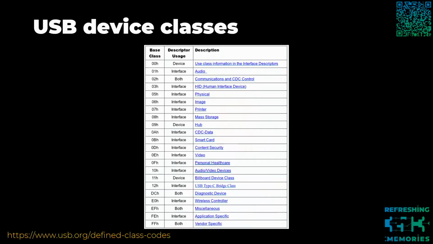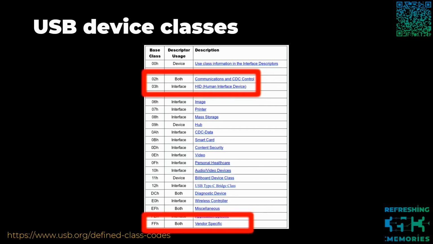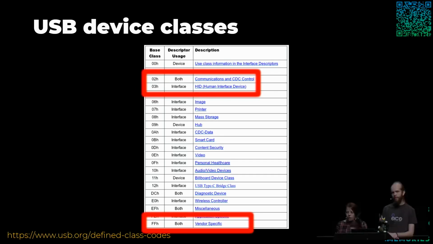You might know that USB classes are pretty familiar to every developer or reverse engineer, and there are plenty of various classes described in libraries, and the most common for ATM are human interface device and vendor-specific.